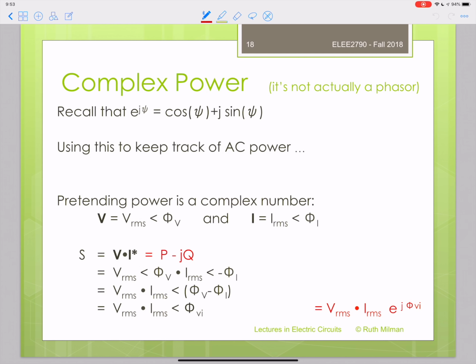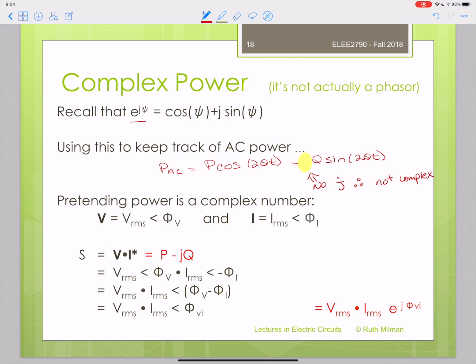So remember that e to the j psi is equal to the cosine of psi plus j times the sine of psi. So let's try and use this to keep track of AC power. Remember that in AC power, we have P times the cosine of 2 theta t minus Q times the sine of 2 theta t. And this is almost but not quite complex. There is no j over there. So therefore, it's not complex.